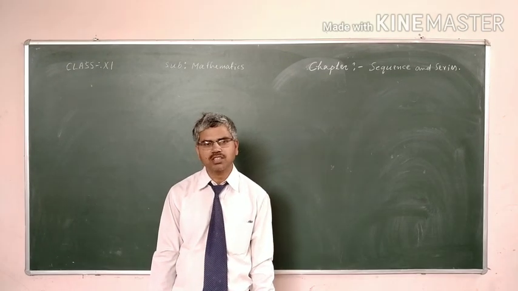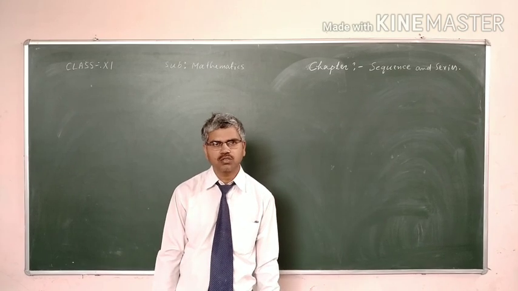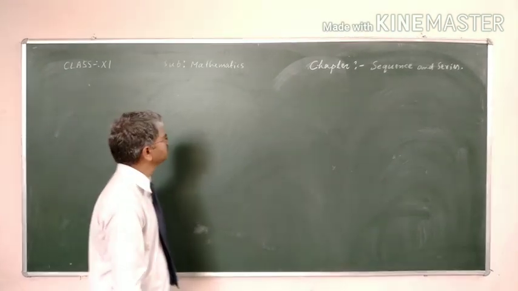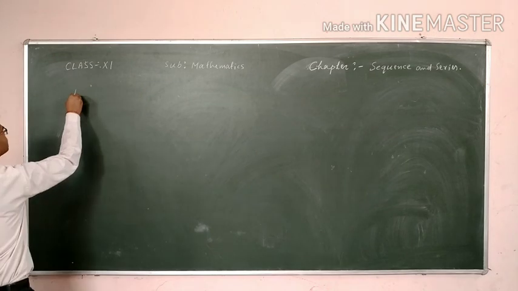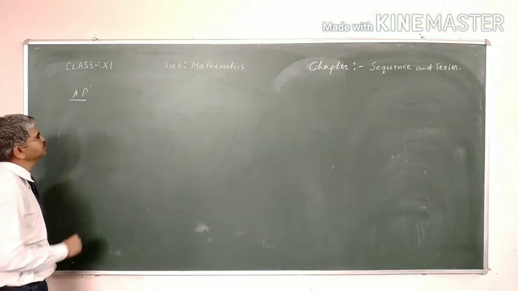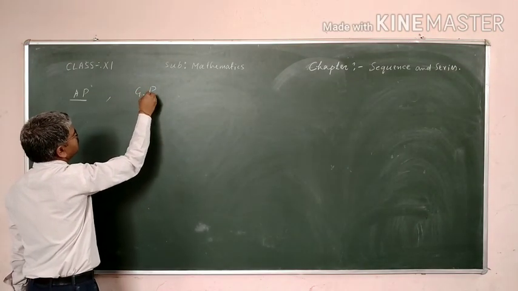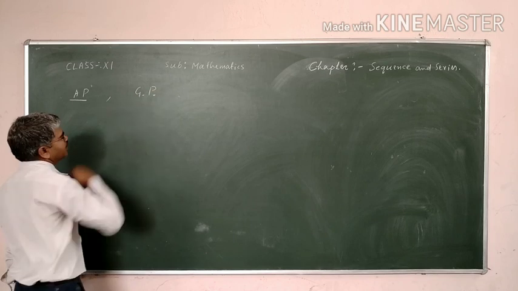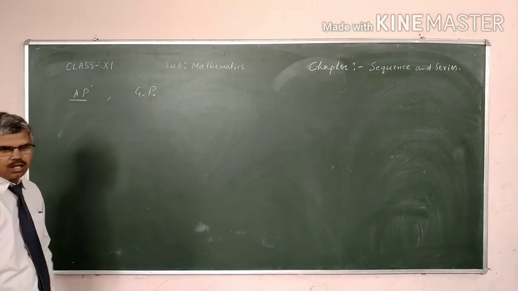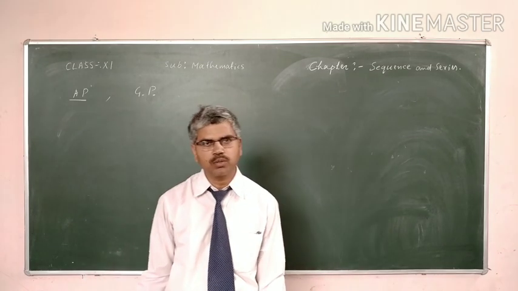In our syllabus there are two types of sequences. The first, AP, arithmetic progression, and the second, GP, geometric progression. Students, first we study arithmetic progression.